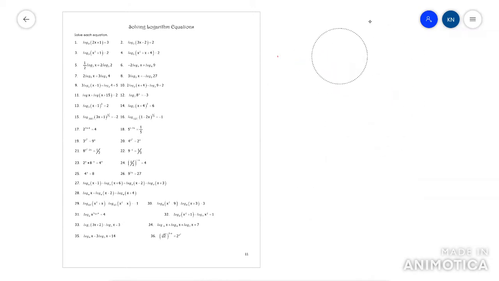All right, now let's do 29. First thing I see is log minus log, so I'm going to divide them. And then it equals -1.